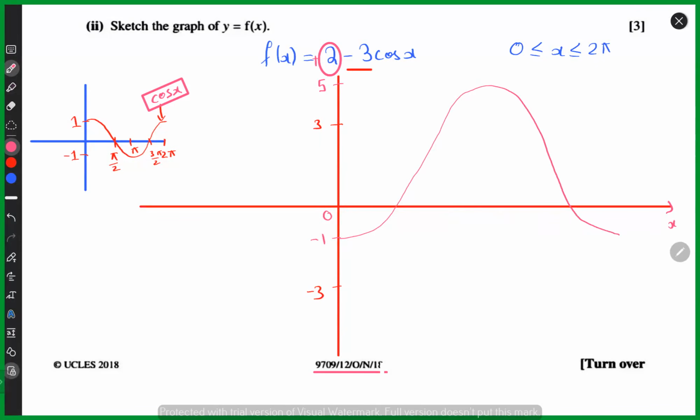Okay, the maximum point is 5, the minimum point is -5 for this case.